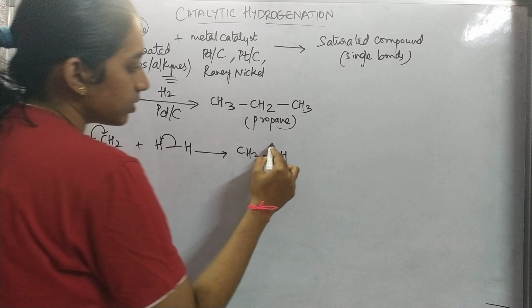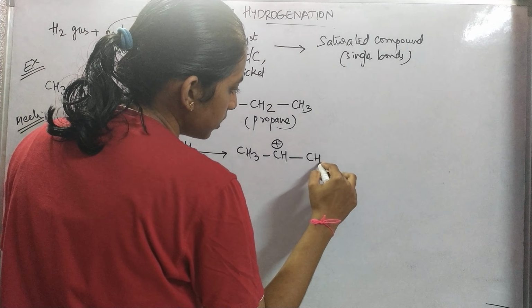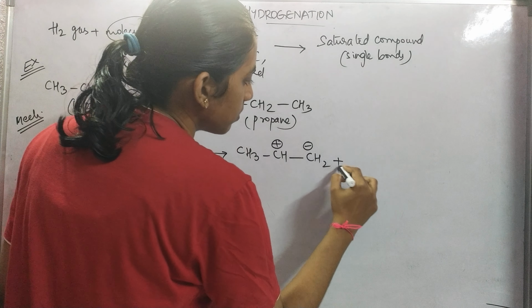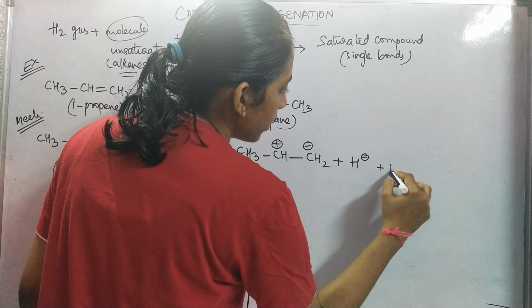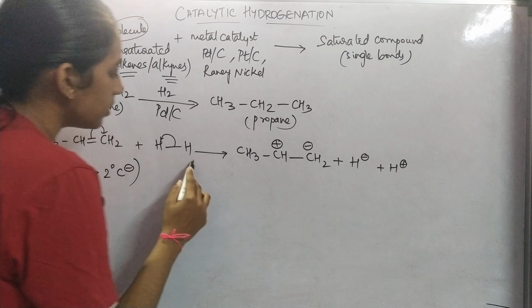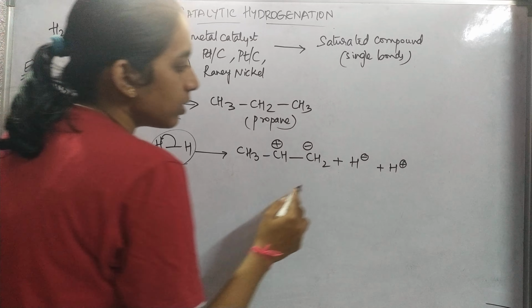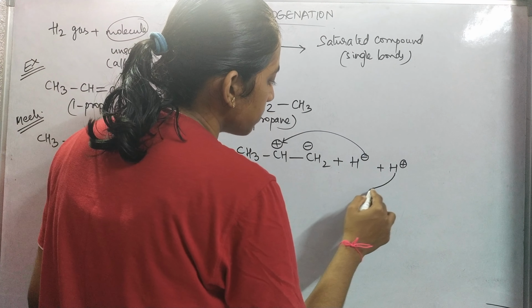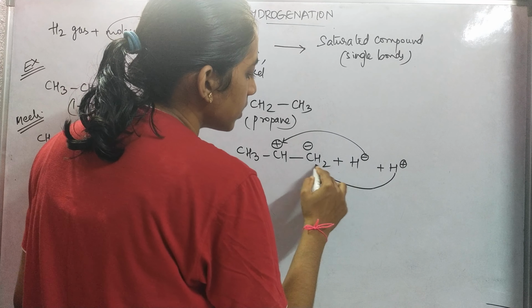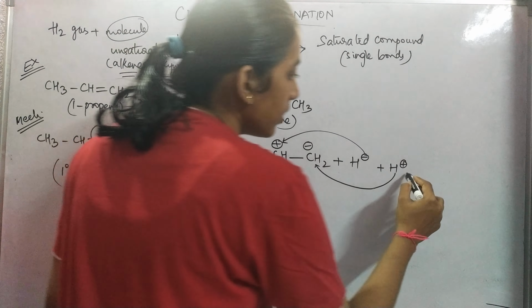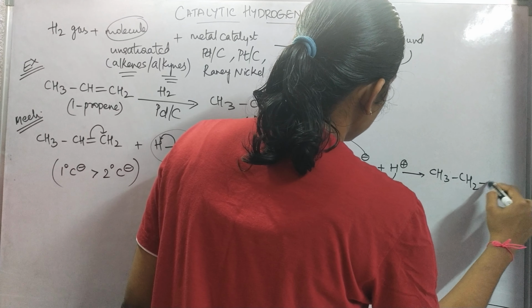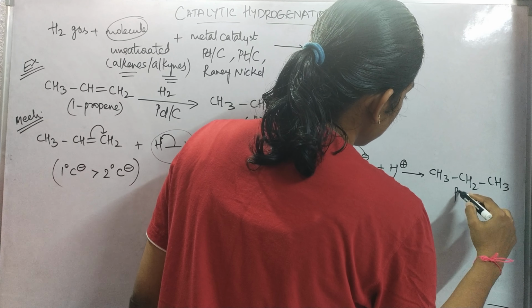This carbon gets a positive charge because it is electron deficient, and the carbon here will be negatively charged, plus H minus and H plus. They have been dissociated, right? Now this H minus will attack the positively charged carbon, and this H plus will form a bond with this negatively charged carbon, giving us propane, CH3 CH2 CH3.